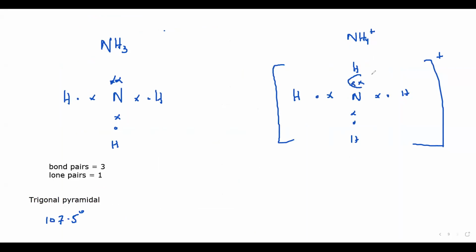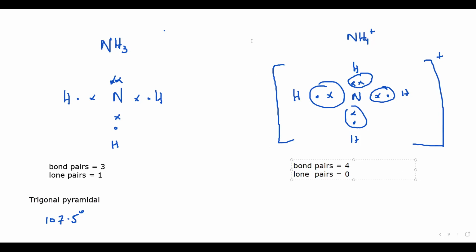But what about NH4? We consider this as a bond pair now. So all 4 bond pairs are there. There is no lone pair. So 4 bond pairs, no lone pair. What will be the geometry?